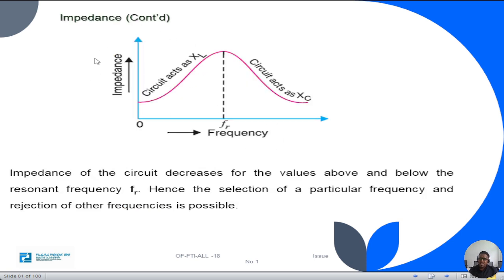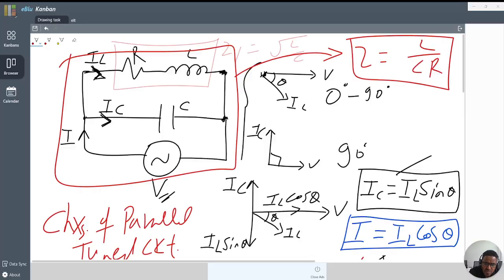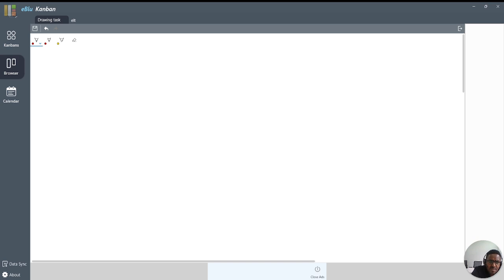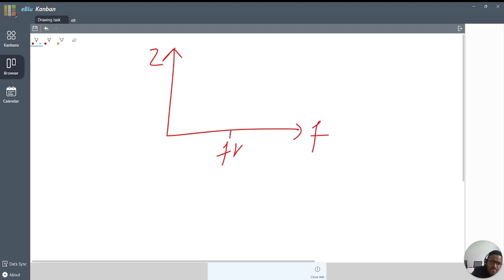When you see the impedance characteristics, the y-axis is impedance and the x-axis is frequency. This is our FR, the resonance frequency.